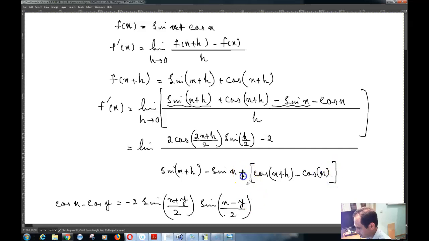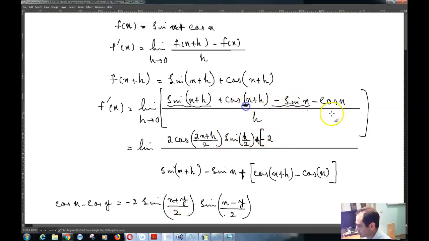You have a positive sign over here, and positive into negative is positive. I don't want to confuse you, but you need to be careful about this. Anyway, I write this as negative 2 sine of x plus y divided by 2.